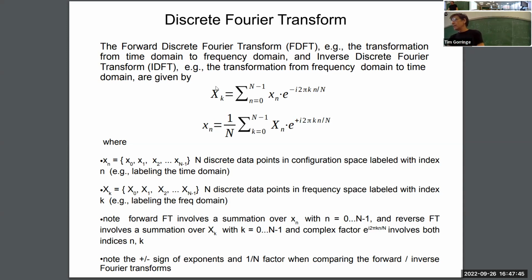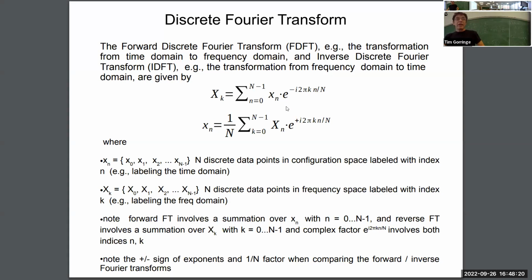So those are the frequency and time domain data in those equations. You see that this is a discrete Fourier transform because it's a sum, not an integral. In transforming the data from, say, configuration to reciprocal space or vice versa, you're multiplying by a complex quantity. That's this exponential with an imaginary argument here, or this exponential with an imaginary argument here.